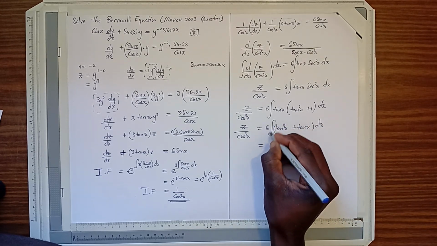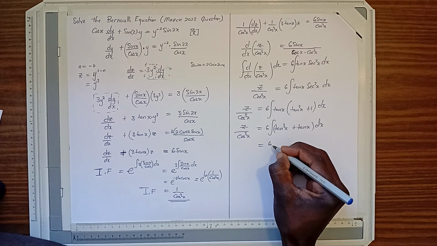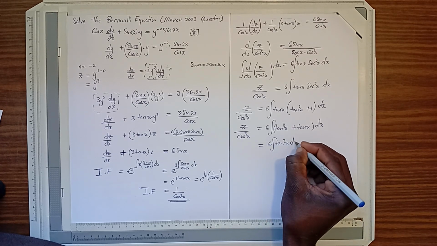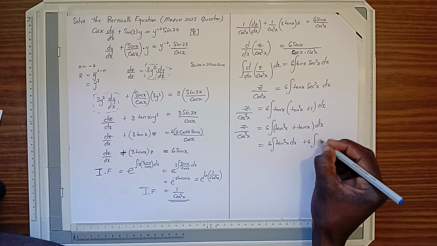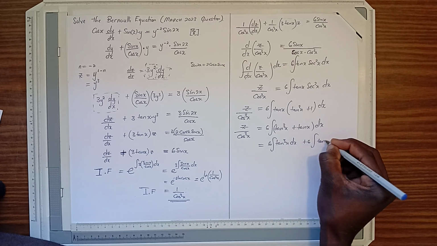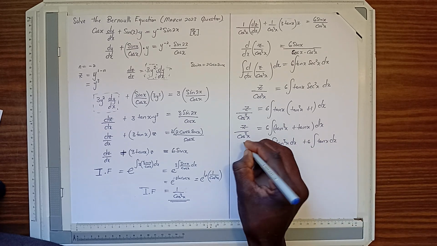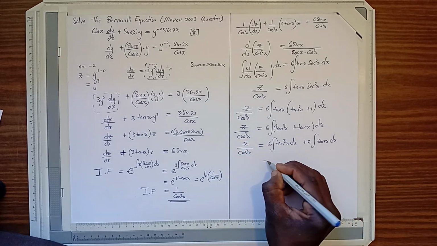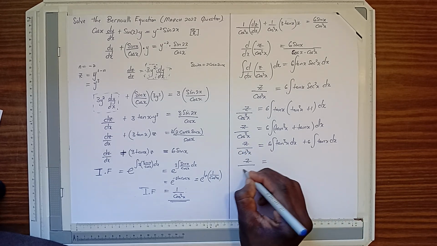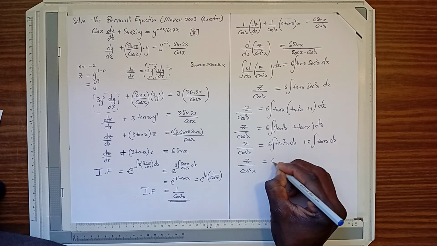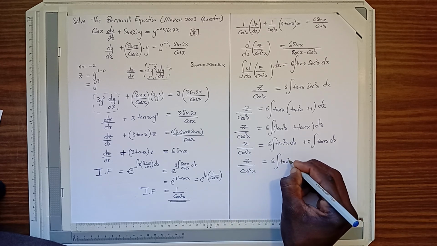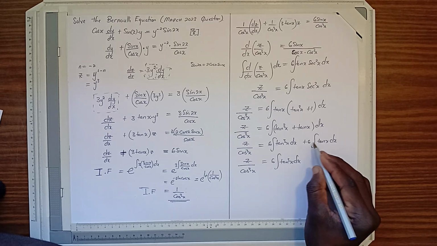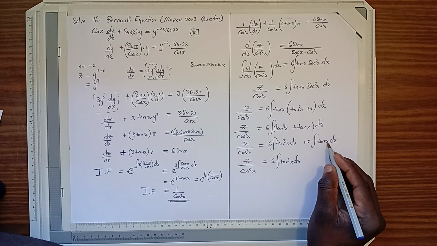Then the integral sign is distributive, so we get 6 the integral of tan cubed of x dx plus 6 the integral of tan x dx.